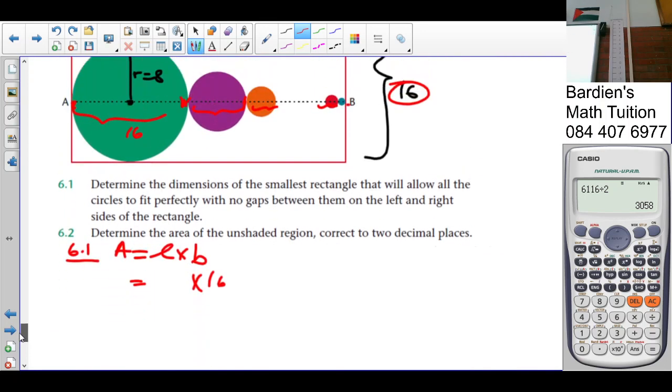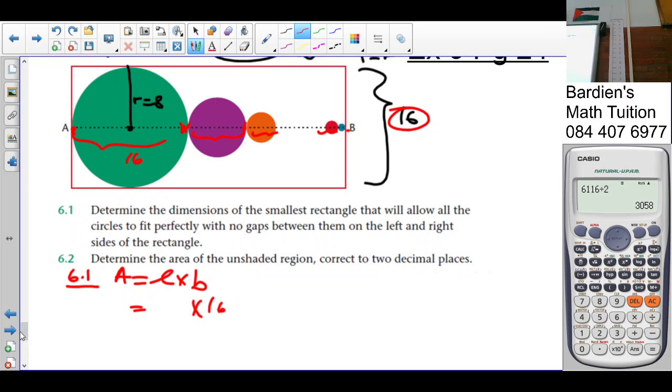So let's go again. Let's call the circle 1, circle 2, circle 3 and so on. So area of circle 1 is going to be what? How do you calculate the area of a circle? Pi r squared. So you're going to have pi, what's the radius here? 8, and 8 squared is 64, so it's 64 pi. Let's look at area of circle 2.